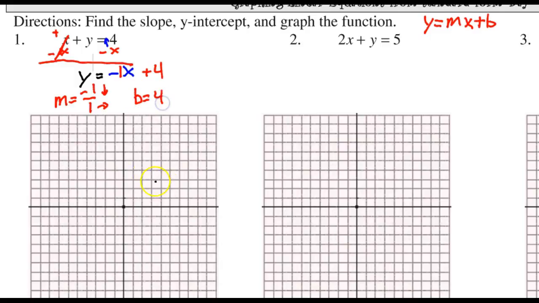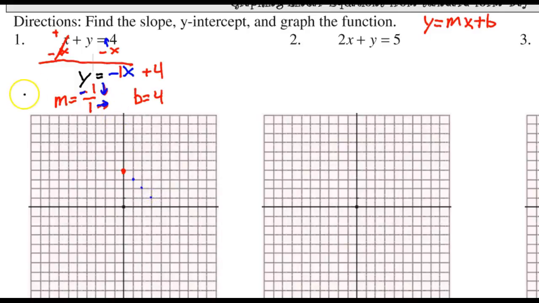So let's go ahead and graph that. Okay, so I'm going to start at 4. So I'll start at 0. I'm going to go up since it's positive. 1, 2, 3, 4. Okay. And now I'm going to go down 1 to the right 1 from 4. So down 1, right 1. We can do that a few times. Okay.